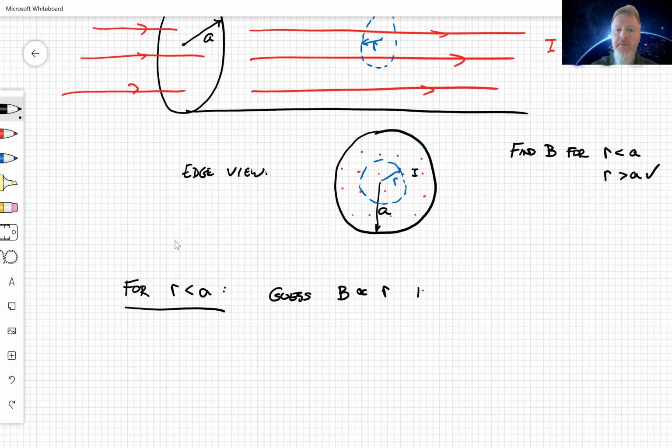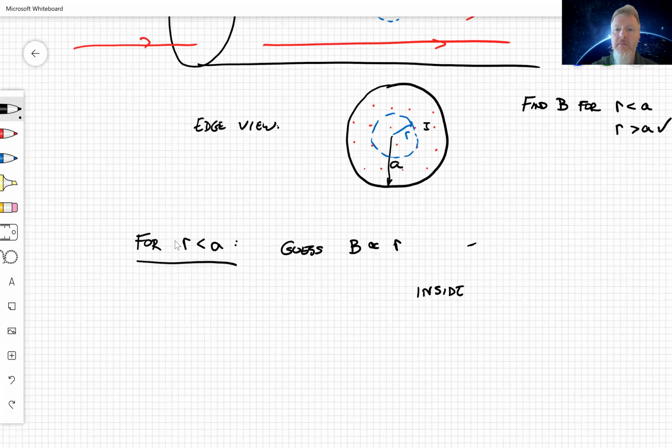Okay, so, all right, inside the wire. I already got my loop. I need to evaluate the enclosed current and check the dot product. So the enclosed current is going to be not the full I, right?